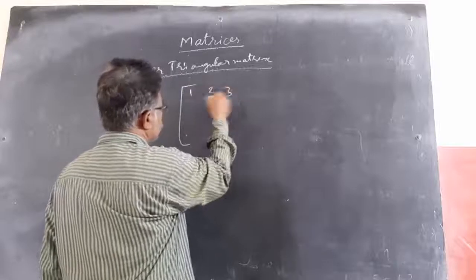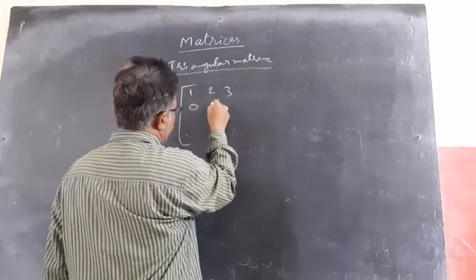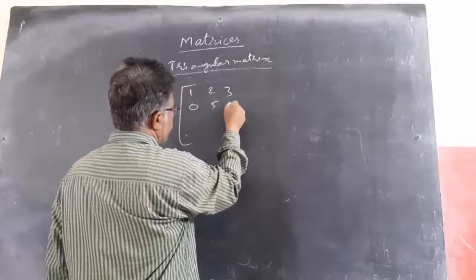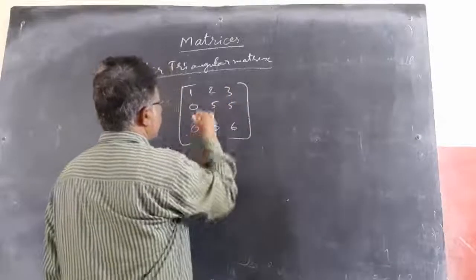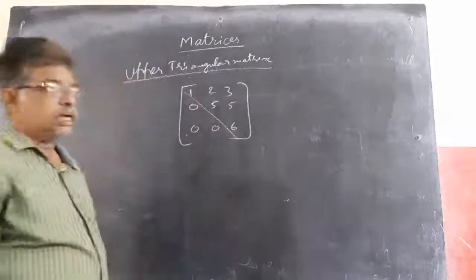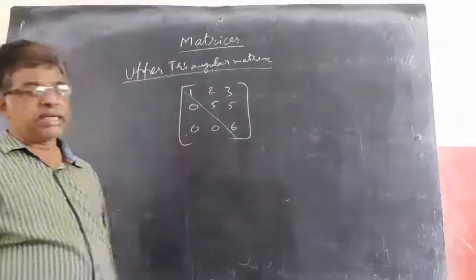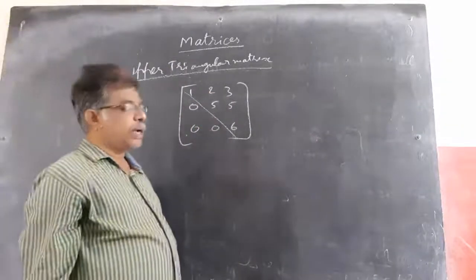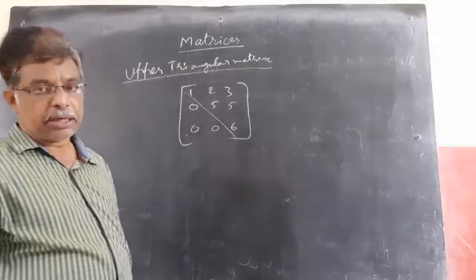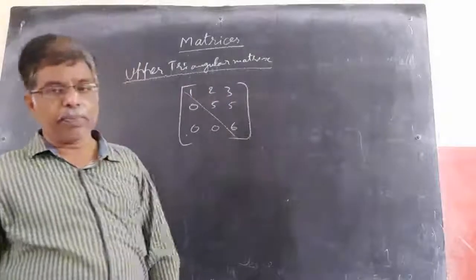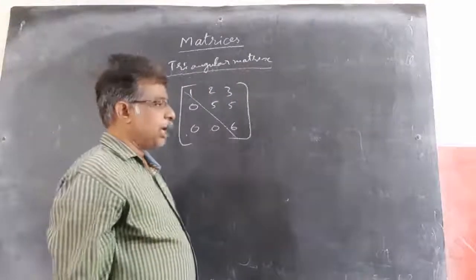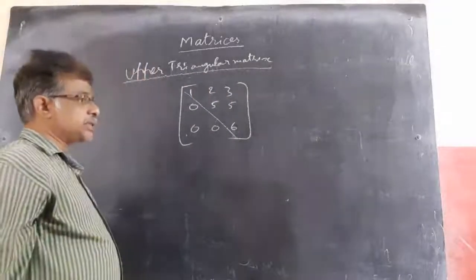Like 1, 2, 3, 0, 5, 5, 0, 0, 6, like this. If all the elements below the principal diagonal are zeros, then it is called an upper triangular matrix. Upper triangular matrix means it is like a triangle in the upper part.